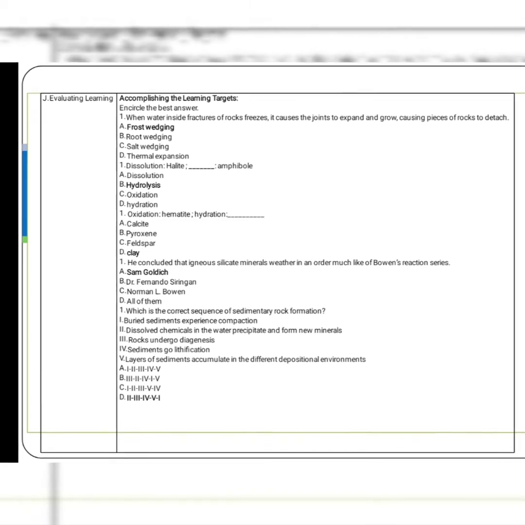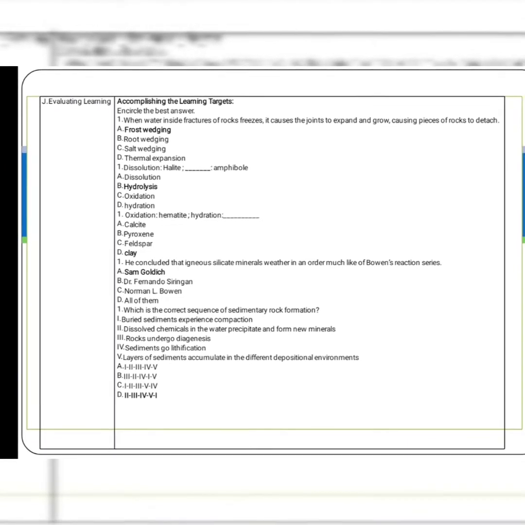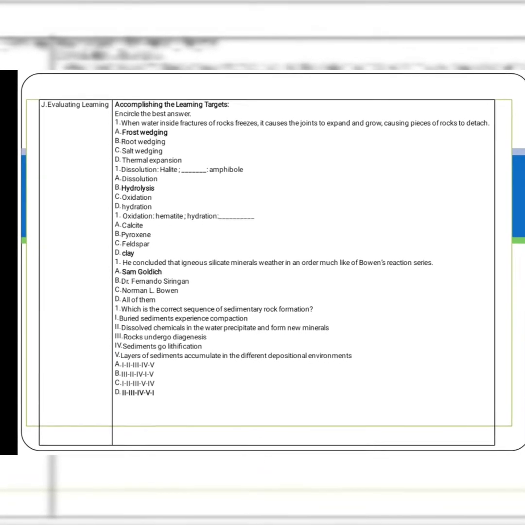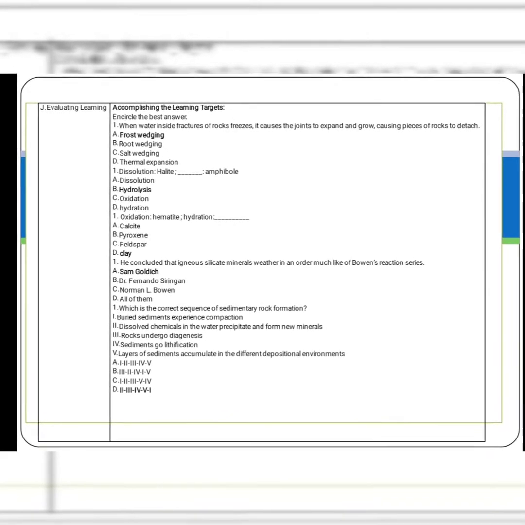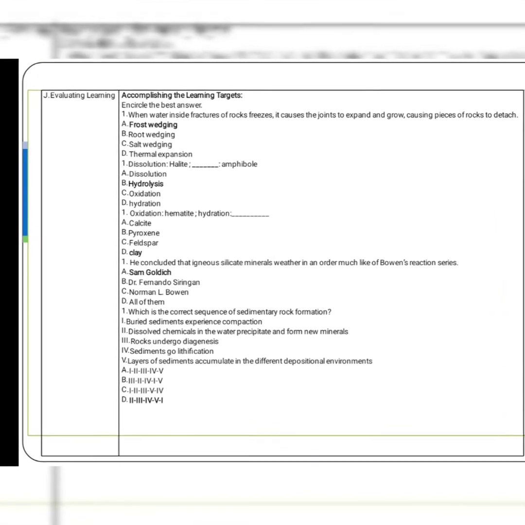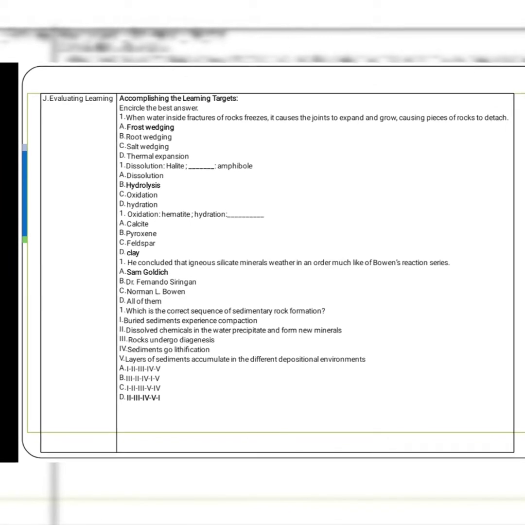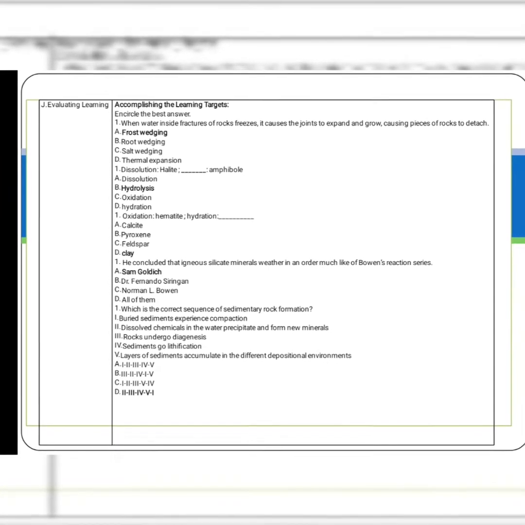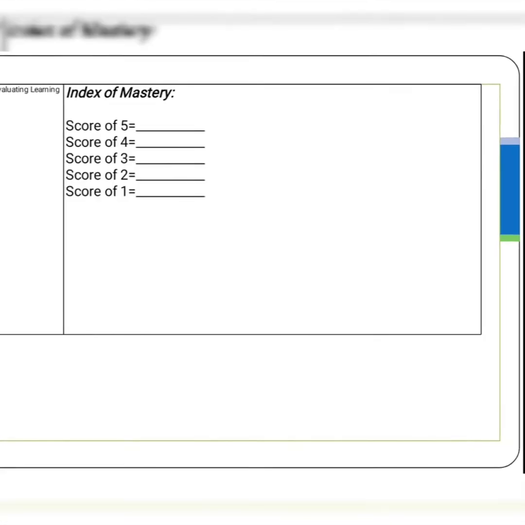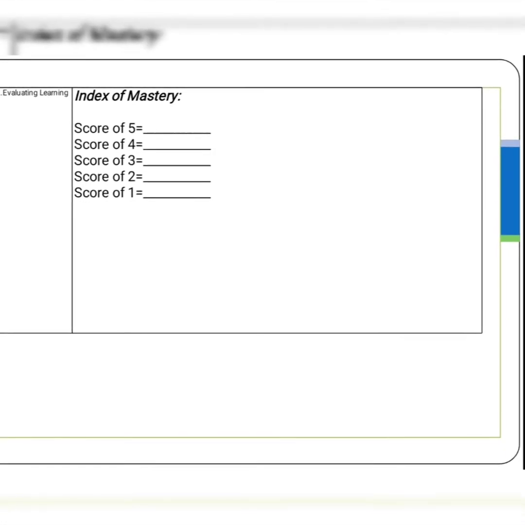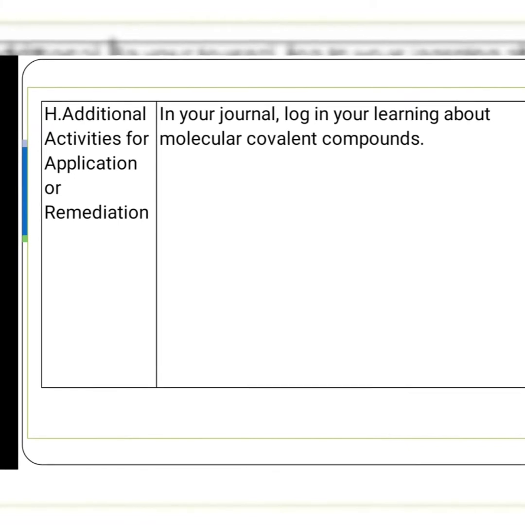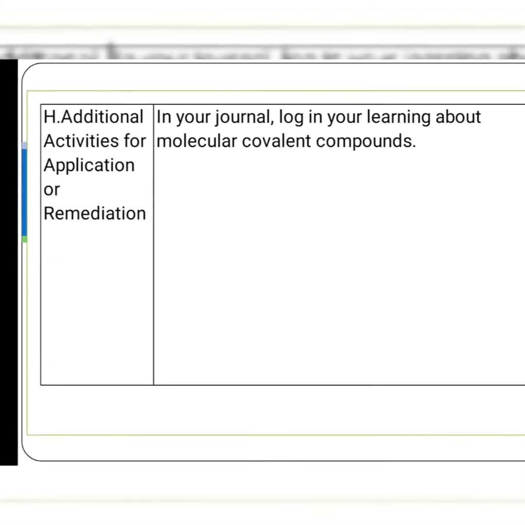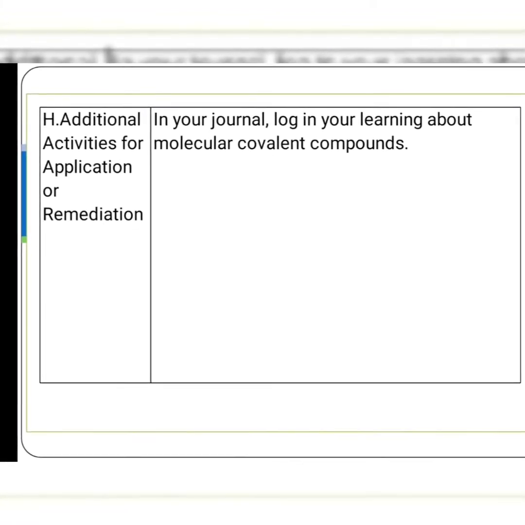After that, you have to check whether it is congruent to your objectives. And then afterwards, you can also get the index of mastery, like how many got 5, how many got 4, and so on.